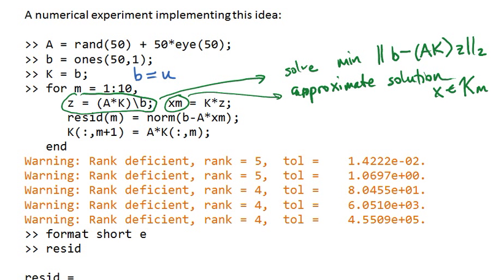So we're just going to take the difference between b minus Ax. That's what we call the residual. So this is our quality measure. And then we're going to add a new column onto the Krylov matrix, which is A times the last column.